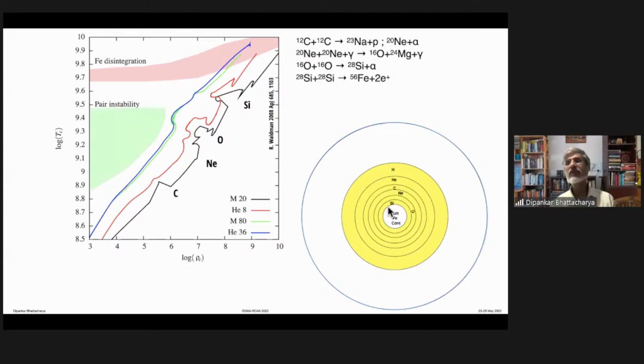Half of it will go into increasing the temperature of the core. The temperature will now become so high that interaction of iron nuclei with the photons that exist over there will cause photodisintegration of iron.